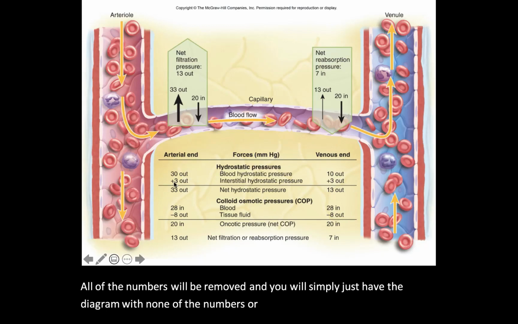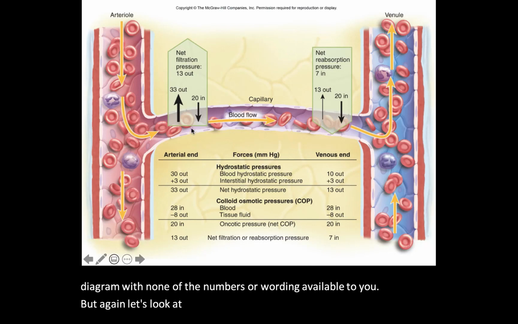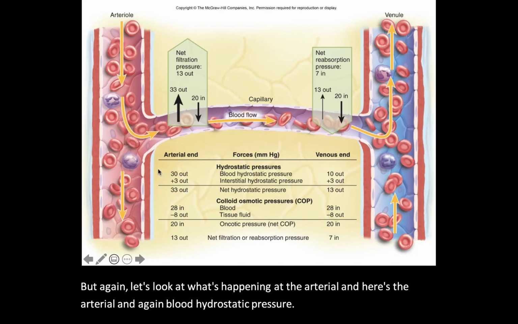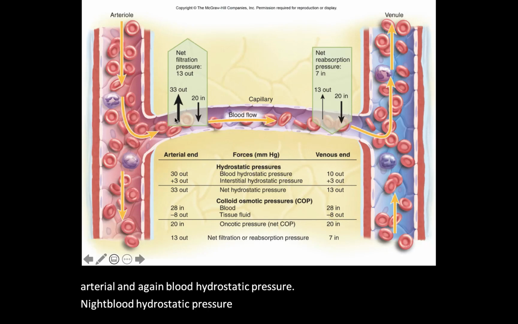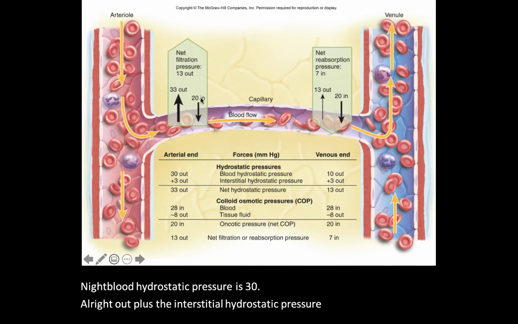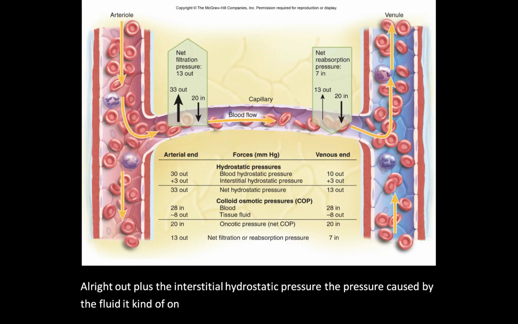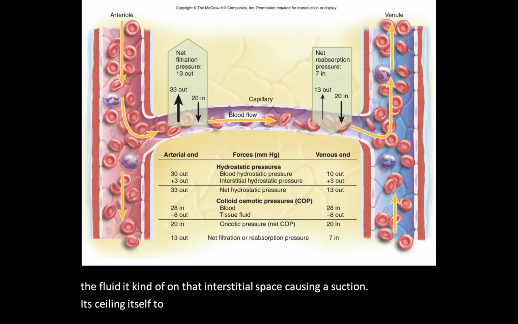But again, let's look at what's happening at the arterial end. Here's the arterial end. Again, blood hydrostatic pressure is 30, out, plus the interstitial hydrostatic pressure, the pressure caused by the fluid on that interstitial space, causing a suction. It's sealing itself to it. So that's plus 3.